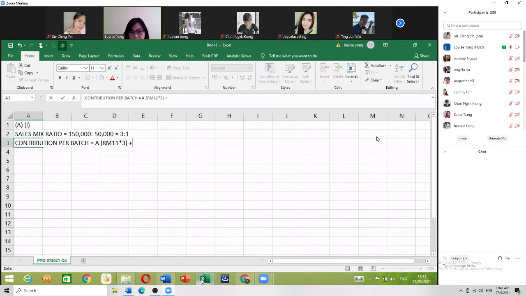Then after that plus your product B, your contribution will be 17, 对吗？然后 times 1. So what is your contribution per batch here? 11 times 3, plus 17, so here will be $50. So contribution per batch.